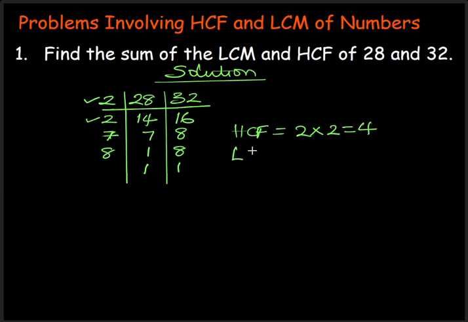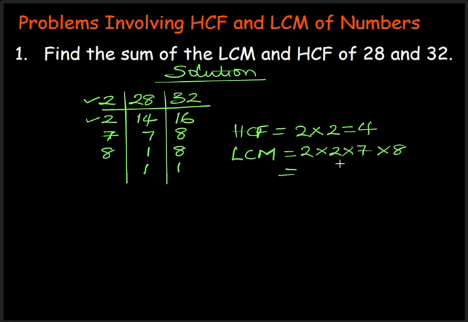Now, what will happen to the LCM? LCM will be everything from the beginning: 2, 2, 7, 8. All these numbers will form the LCM, but the HCF will only be the numbers that could divide everything. So our LCM will be 2 times 2 times 7 times 8. 2 times 2 is 4, and 7 times 8 is 56.